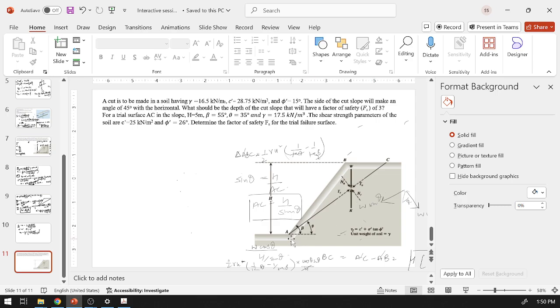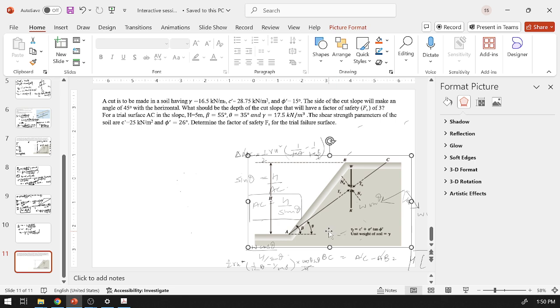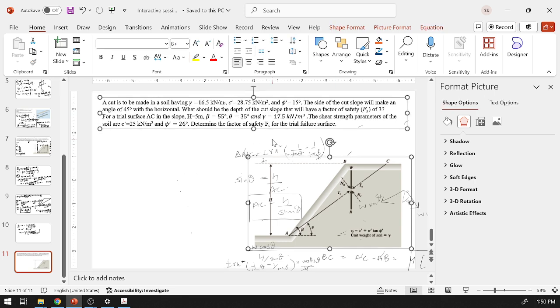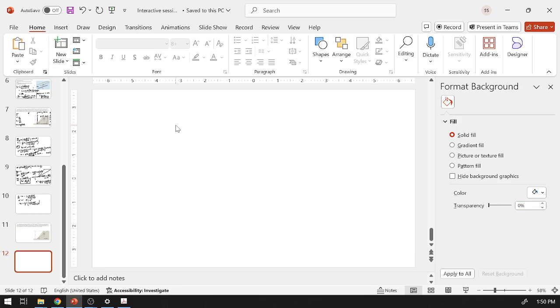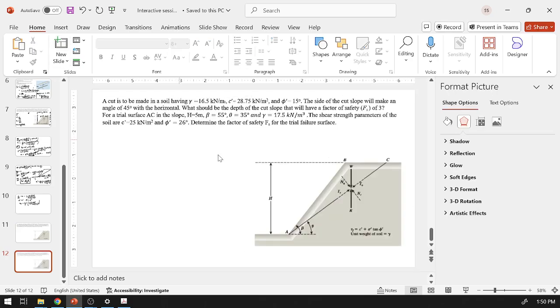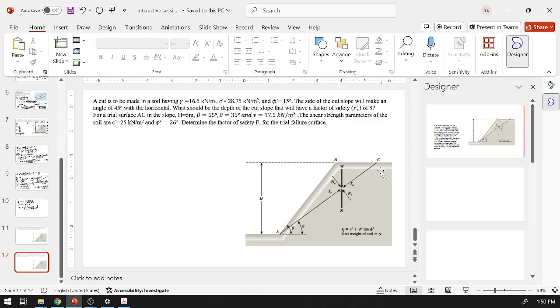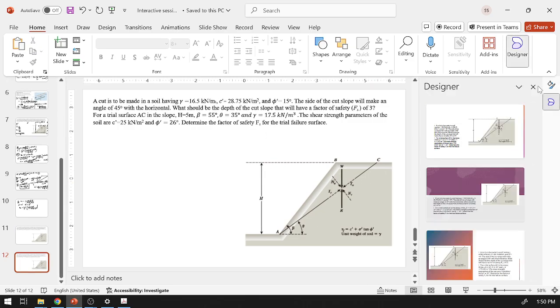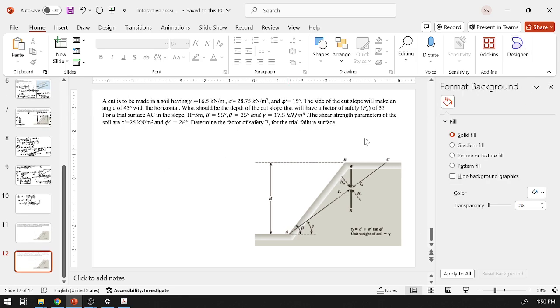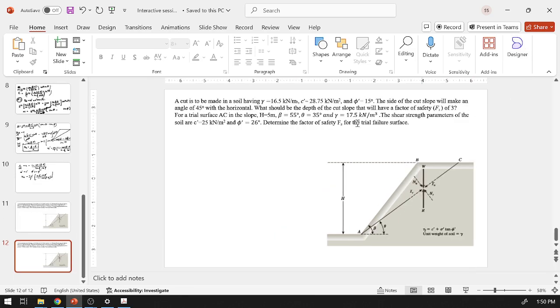So we have been given a trial surface AC, and we have to determine the factor of safety for this trial surface.